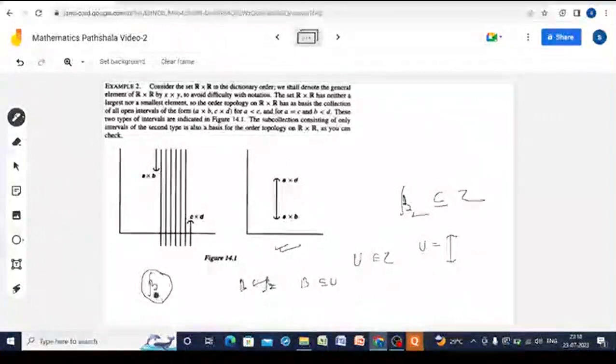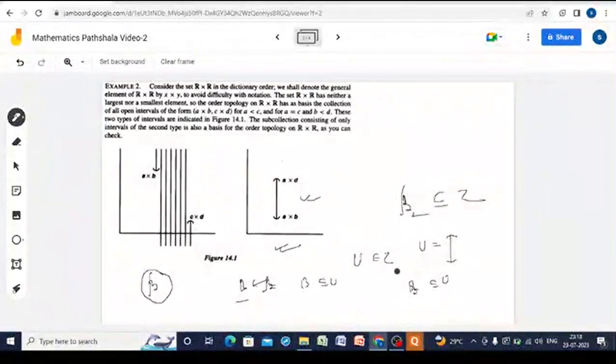So for script B to be a base, we need to find a member B belonging to script B such that B is a subset of U. But see, B consists of members which are only the lines parallel to y-axis, and U is only a line segment parallel to y-axis.